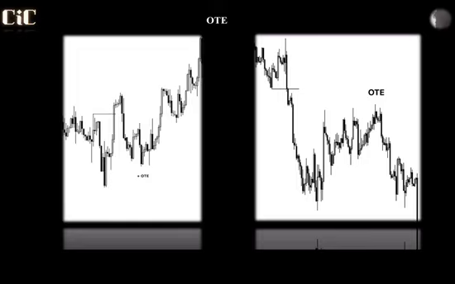It's the deep retracement after a market structure, and note this down. OTE is defined as the deep retracement after a market structure shift, either bullish or bearish, designed to scare away the people who are on the right side of the market.